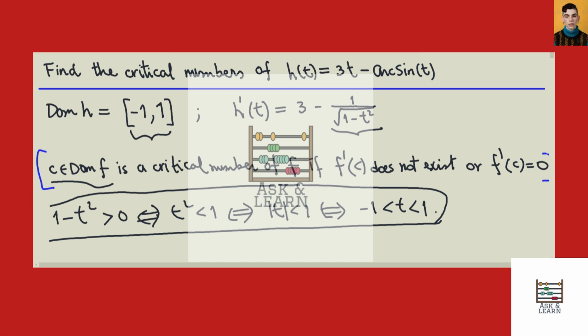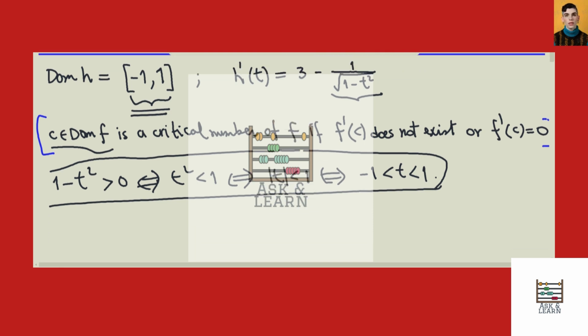So the derivative is defined for all values of t in the domain of the function except for the endpoints. And at those values, 1 and -1, the derivative does not exist because we have an expression that cannot be evaluated at all.